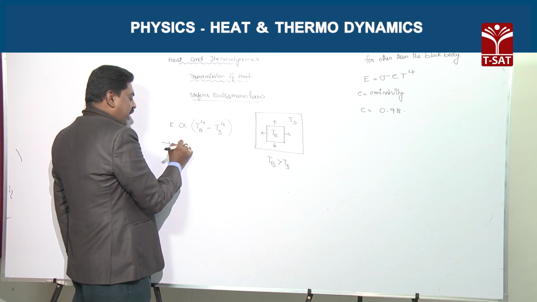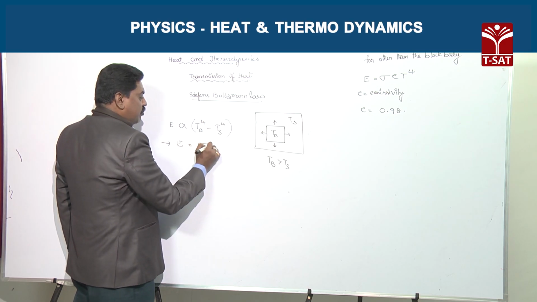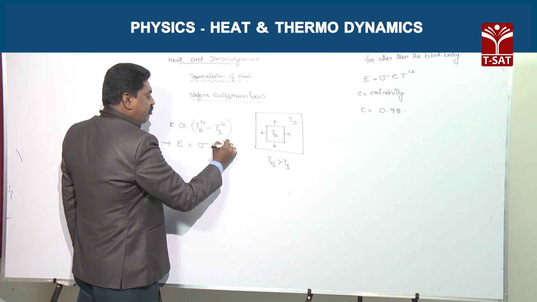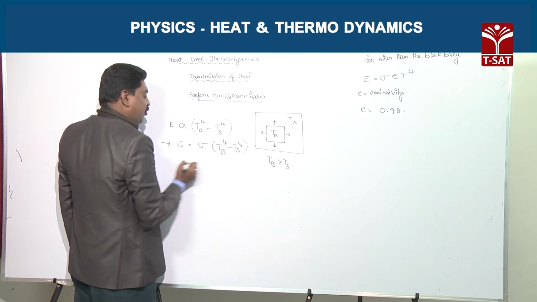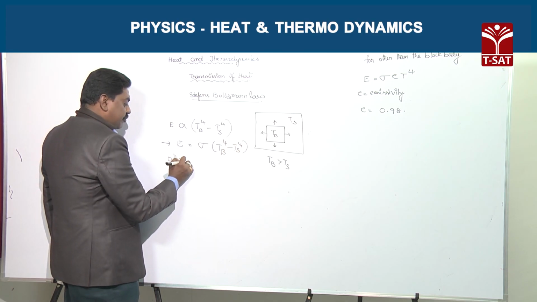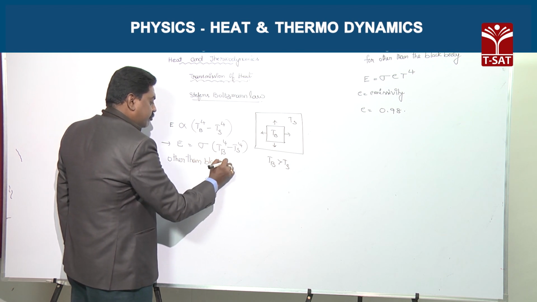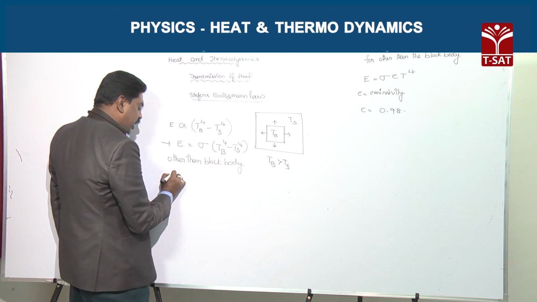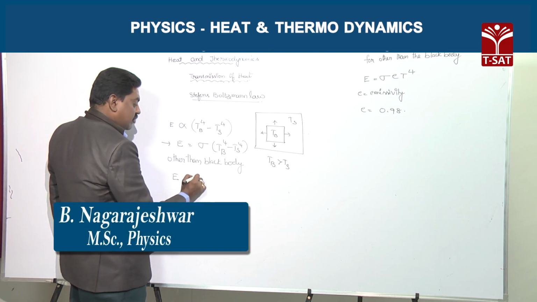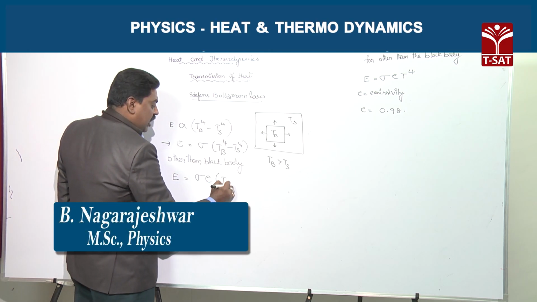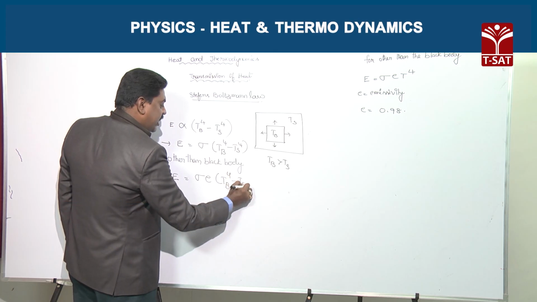Then we obtain E equal to sigma into Tb power 4 minus Ts power 4. For bodies other than a black body, E is equal to sigma e into Tb power 4 minus Ts power 4.